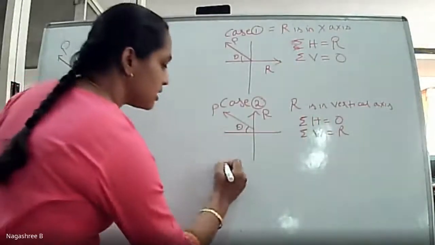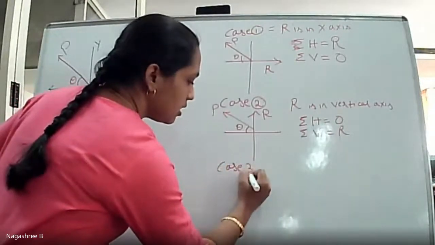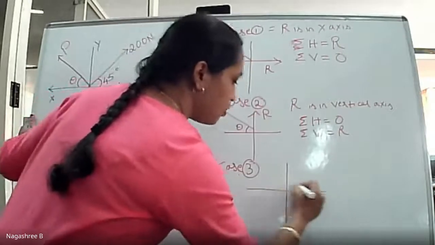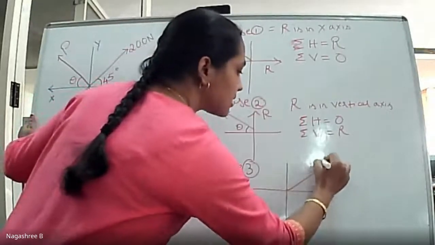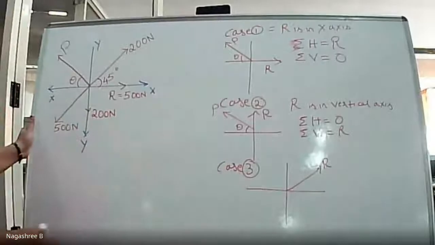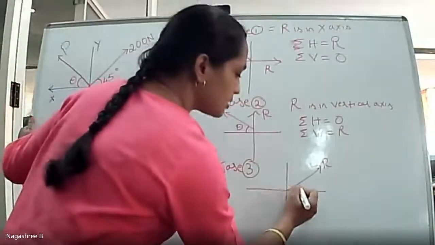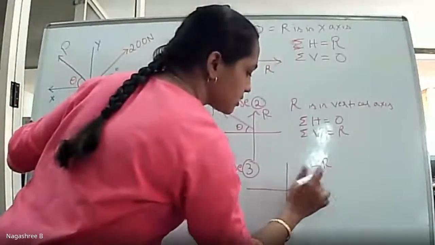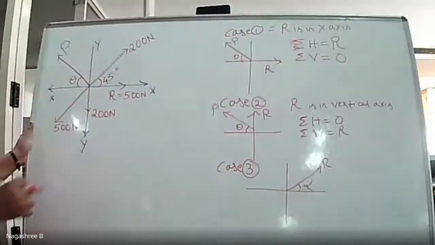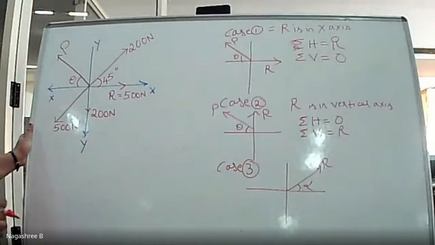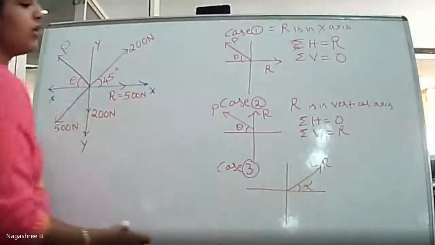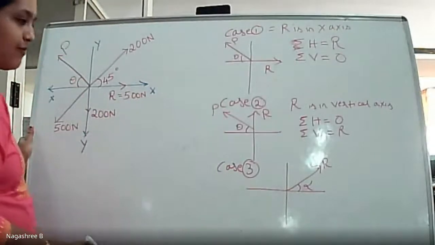So next is case 3. Here in this case, suppose R is at some inclination with reference to the x-axis, with an angle of alpha. So R is inclined.